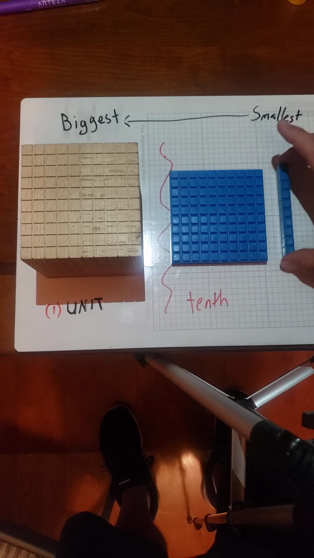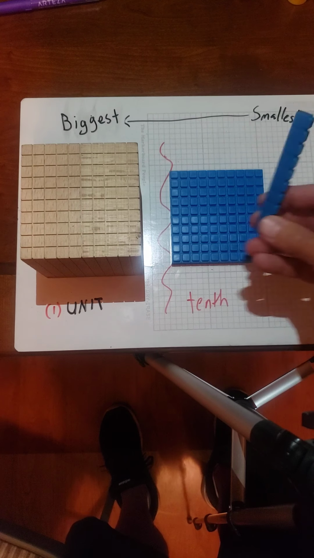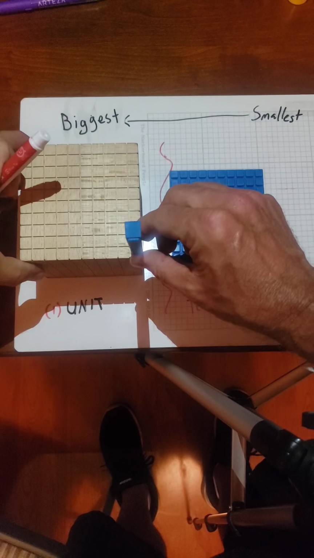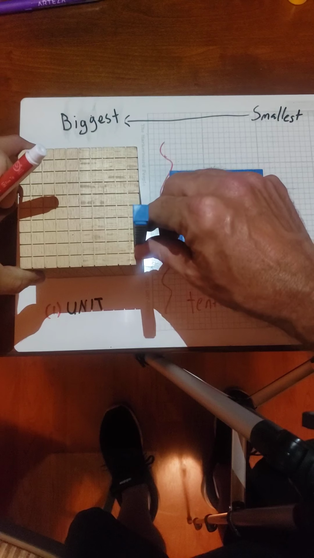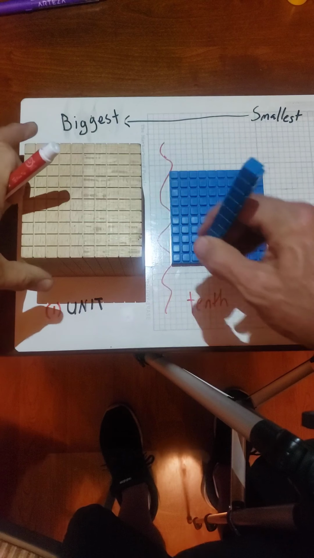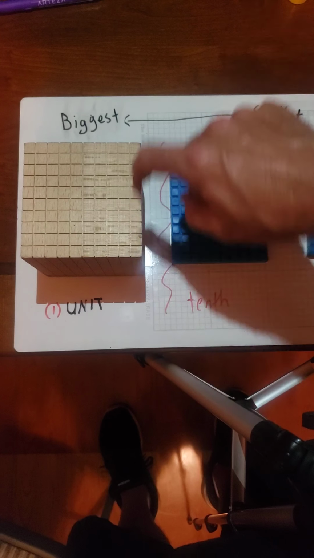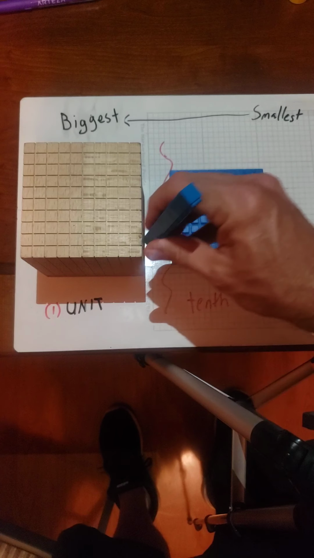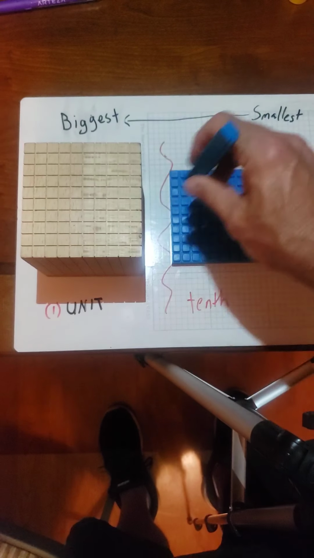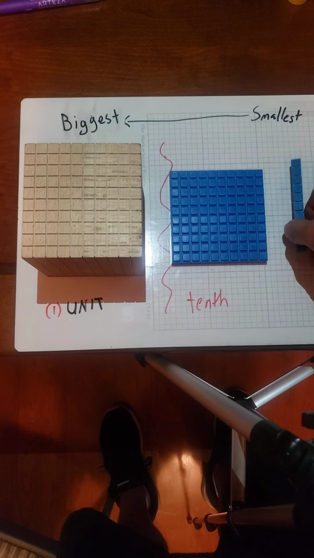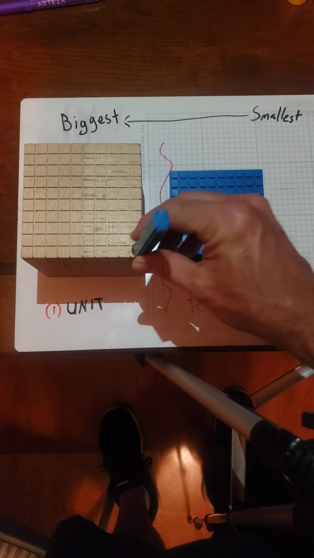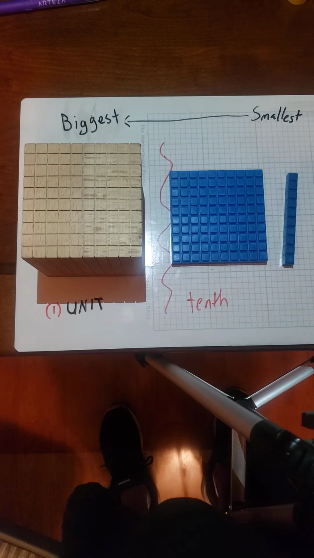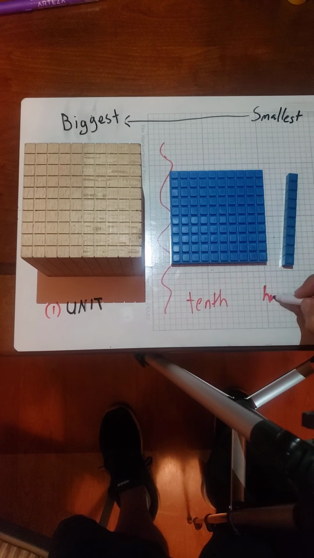So this then it takes 1,000 of these. And if you look at that, it looks like 1,000 would fit in here, because I'm going to have 10 going this way and then 10 going that way, and that's going to make up to be, excuse me, not 1,000, 100. 100 of these, right? So 100 of these would make up this whole thing. So I go tenths, so this one is hundredths.